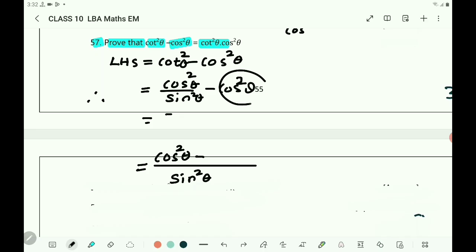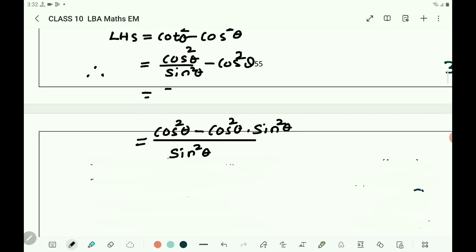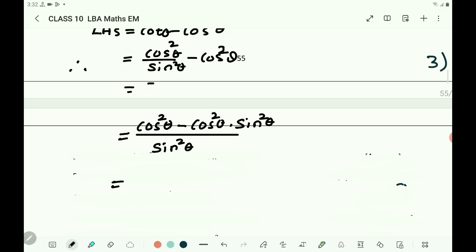Therefore, this cos square theta must be multiplied by sin square theta. Then you write cos square theta into sin square theta. Equals, here you can remove cos square theta common, outside.